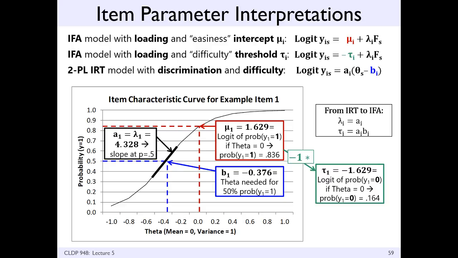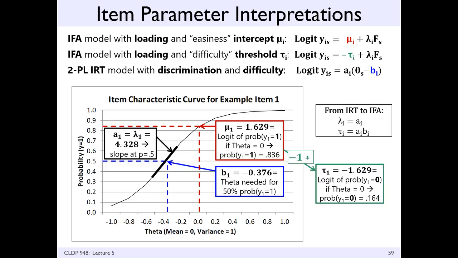And so on your output, depending on your program, you will either get an A and a B, or you will get a loading and an intercept, or you will get a loading and a threshold. Job security, people. I want you to know which one you've got.